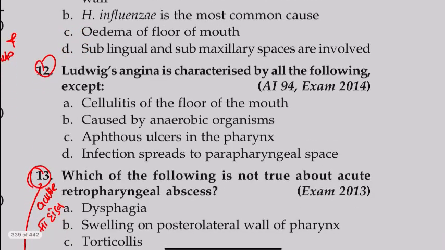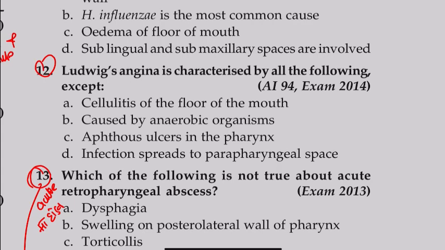Ludwig's angina is characterized by all of the following except, right? Cellulitis of the floor of mouth, that's right. Caused by anaerobic organisms? Yes, it is caused by mixed aerobic and anaerobic organisms.